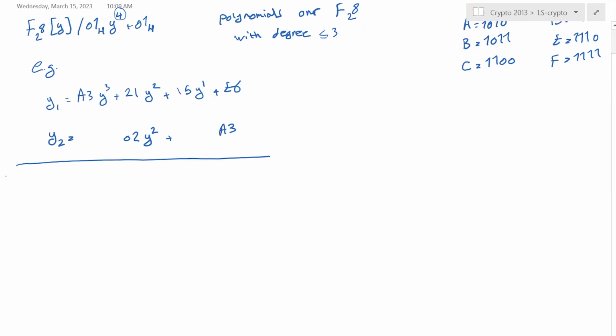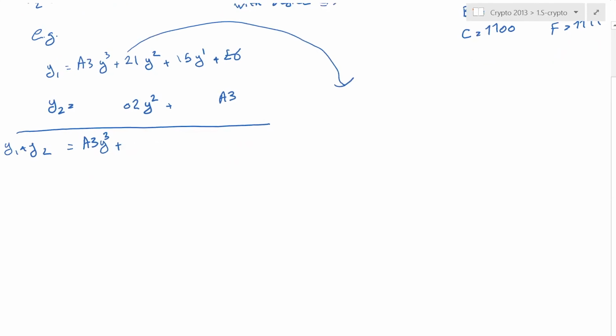So what I want to compute is y1 plus y2. The first thing: we don't add anything, so a3 y^3 comes up, plus we have 02 plus 21, which is 0x21 plus 0x02 in hex. Let's see how we do this computation. We break them down into two pieces and XOR them.